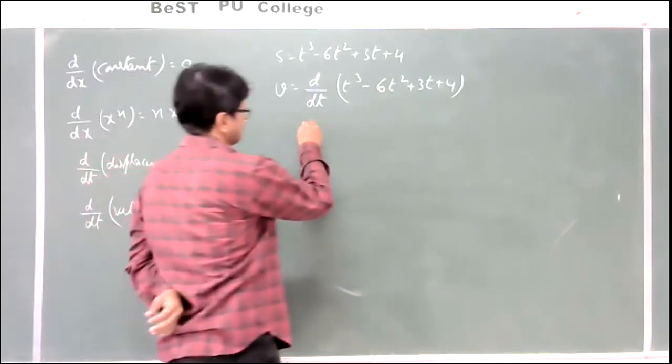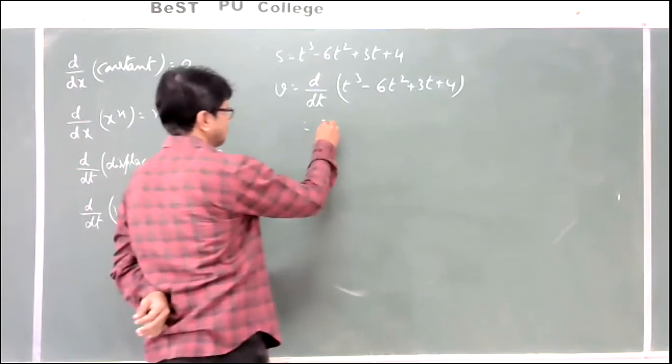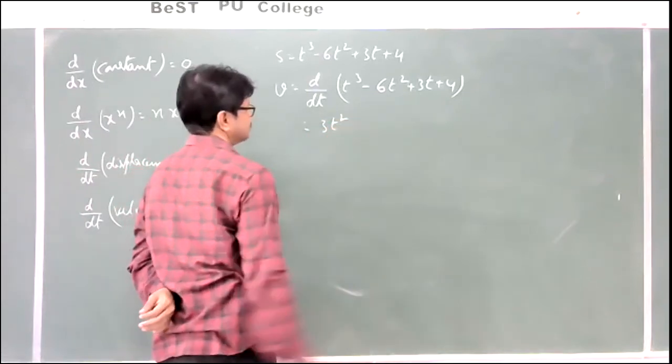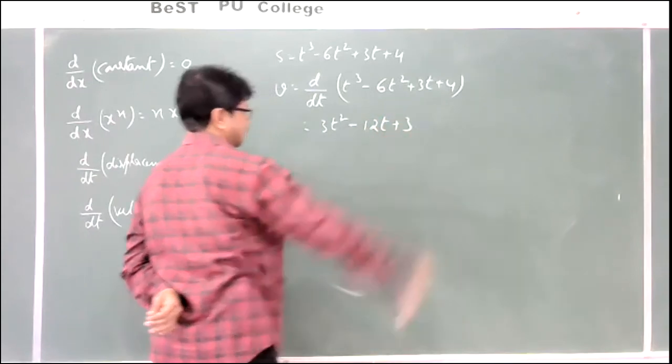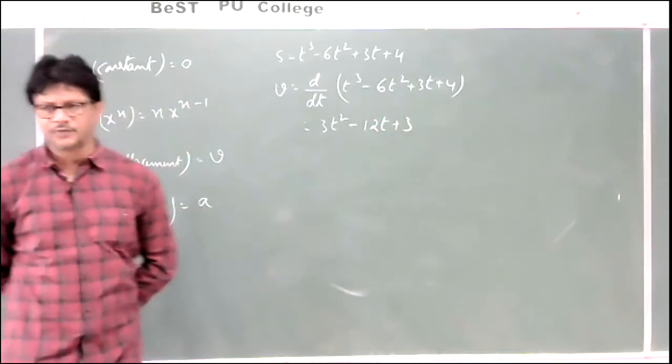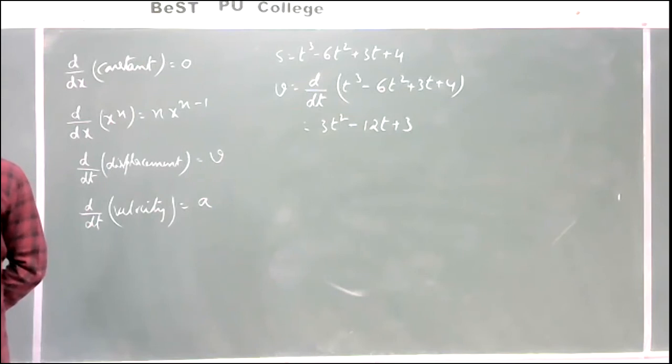Now if you further simplify it, directly I'm doing 3t square minus 12t plus 3 will be the equation for velocity. That is the equation for velocity.